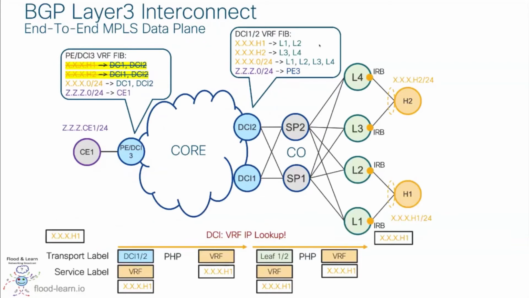How does the forwarding look with the MPLS data plane? We said that we will also look at the different data plane options. So here in this case, when we talk about end-to-end MPLS, it doesn't matter if you are using VPNv4, VPNv6, or you are using EVPN for L3.